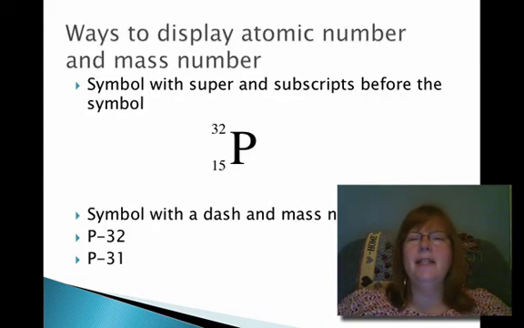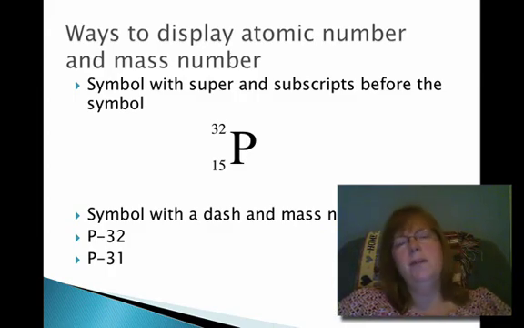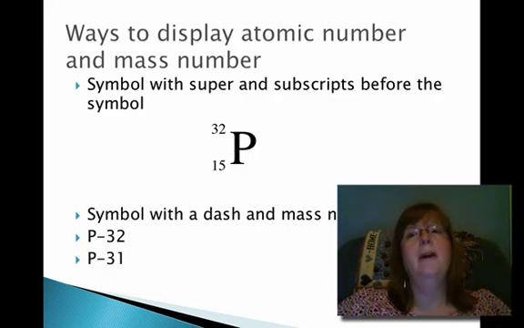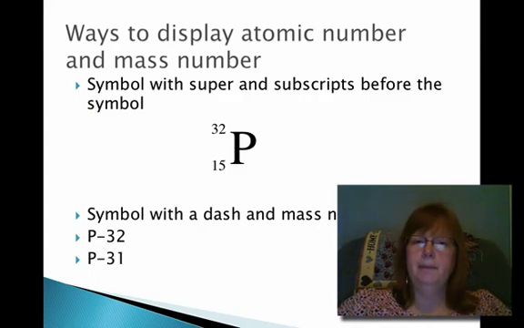Well, how do we display this? All right, there are 2 different ways we can use. First of all, we can use our symbol from the periodic table. So we'll use phosphorus, capital P. And to the left of it, we've got this superscript 32. That's the mass number of this particular isotope. And then down below it is a subscript with the atomic number.